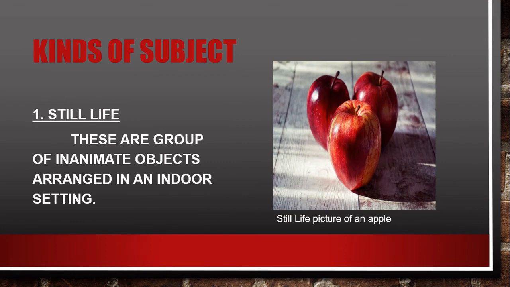Okay, kinds of subject. So artists usually draw their art through different kinds of subject. So it includes still life, number one. These are groups of inanimate objects arranged in an indoor setting. So an example is a still life picture of an apple. Other examples are flower and fruit arrangements, dishes, food, pots and pans, musical instruments, and music sheets.